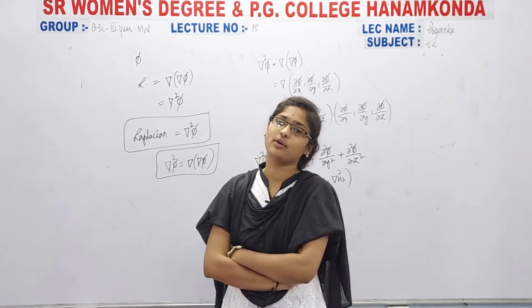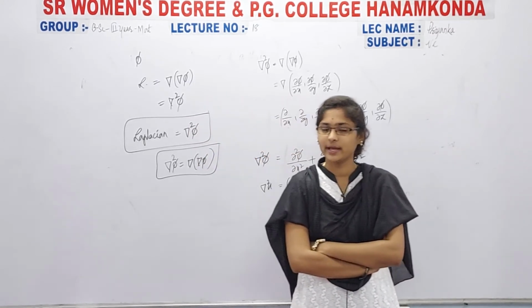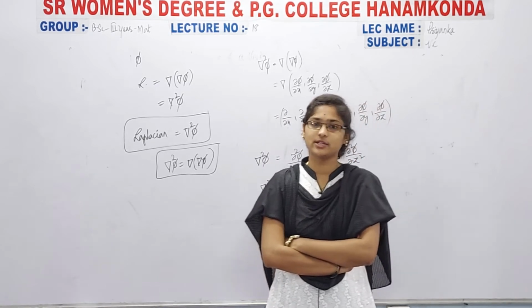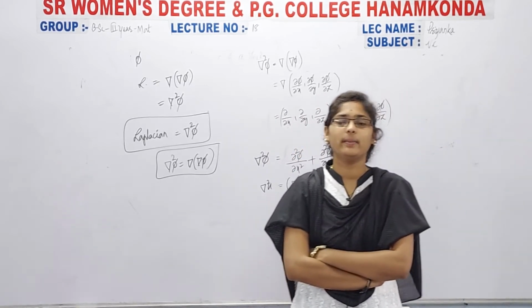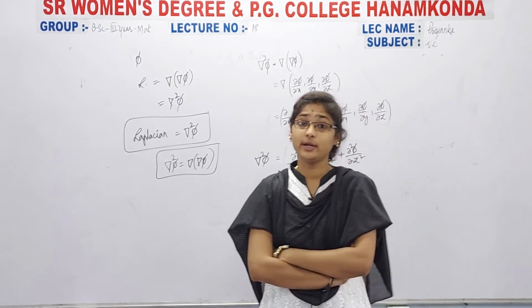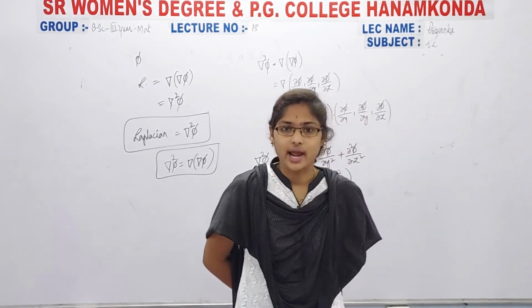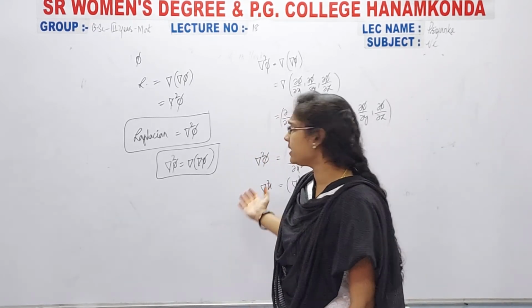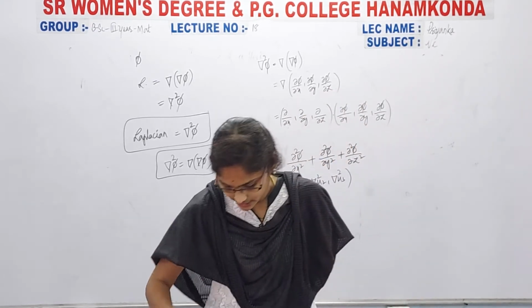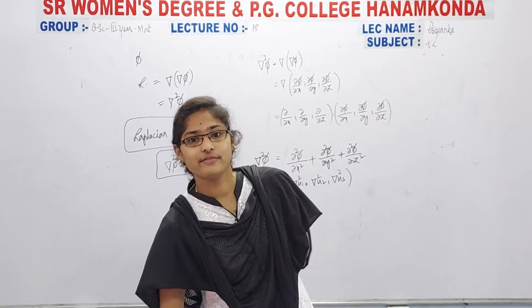So for that, what is the formula? It is denoted with del square pi, and del square pi is defined as ∂²pi/∂x² plus ∂²pi/∂y² plus ∂²pi/∂z². Remember that, and if this value is equal to 0, then it is said to be simply the Laplace equation. Next, put a side heading, curl of a vector field.